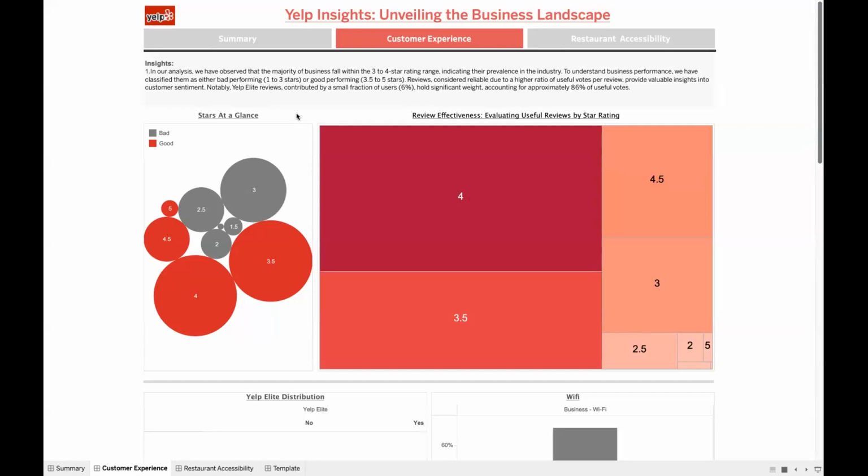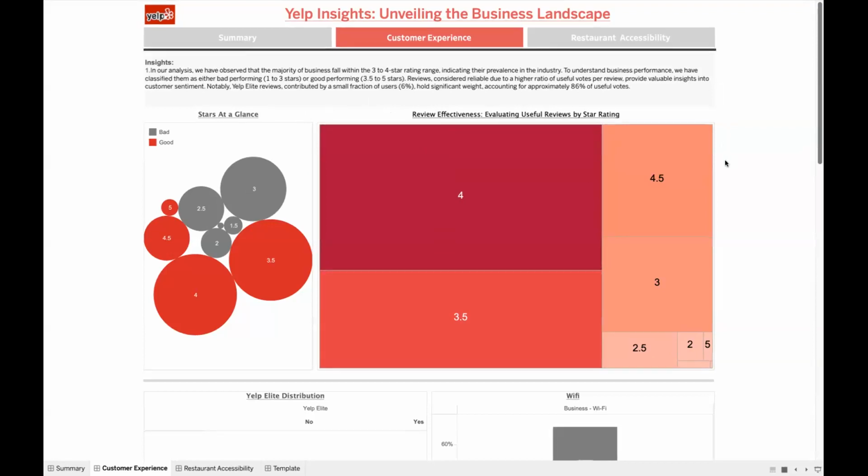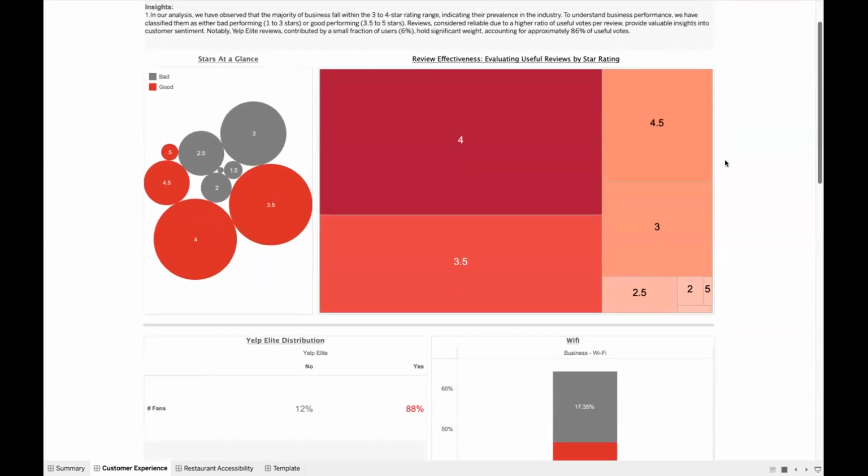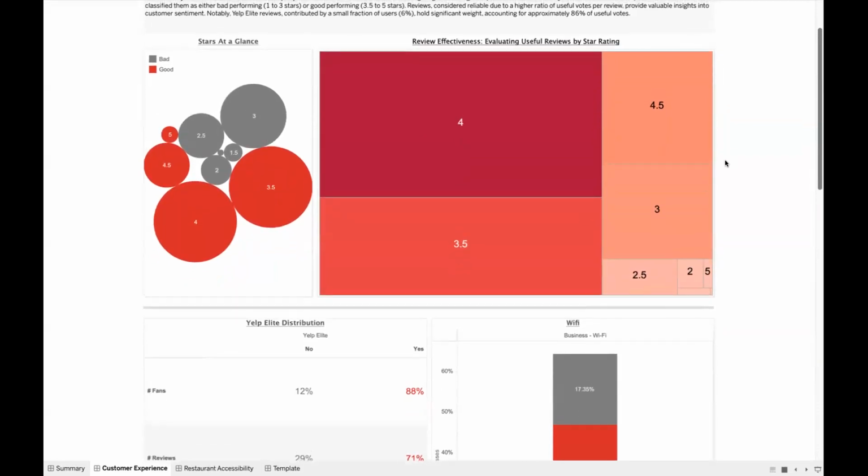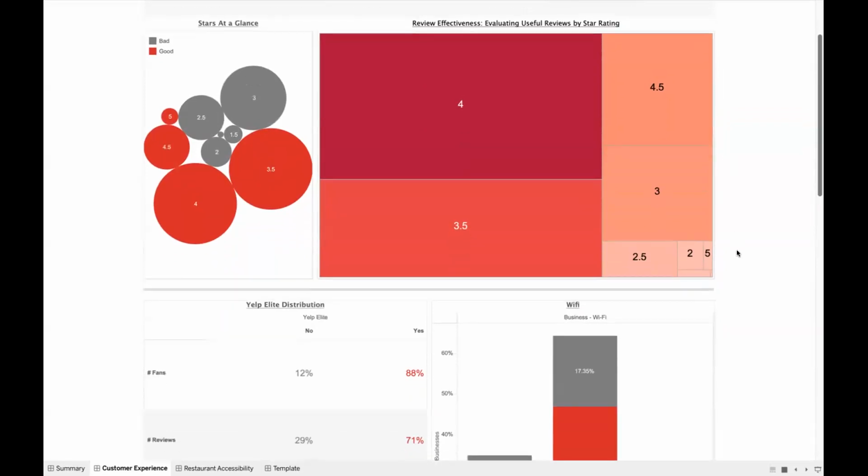But if it is rated from 3.5 to 5 stars, then it falls under well-to-do or good restaurant. And whenever we have a review, there also is an upvote feature, a useful feature, or a funny feature for a review. So we can see that most of the 4-star and 3.5-star reviews are found to be useful reviews rather than 2.5-star or 2-star reviews.